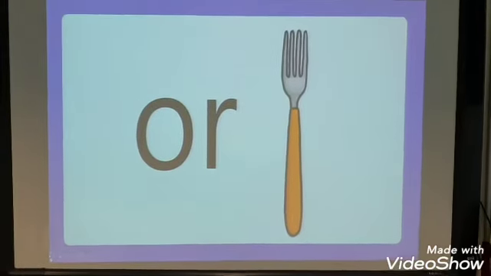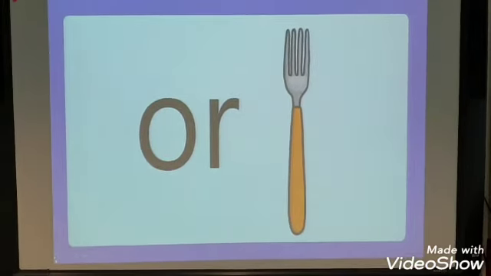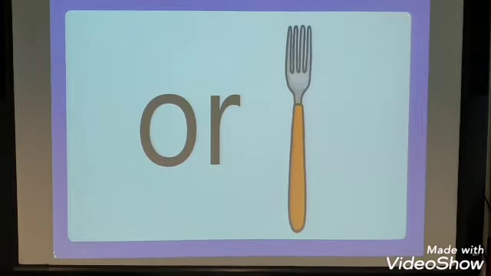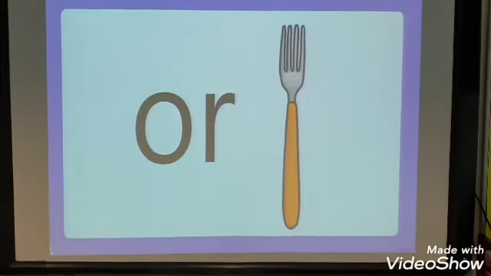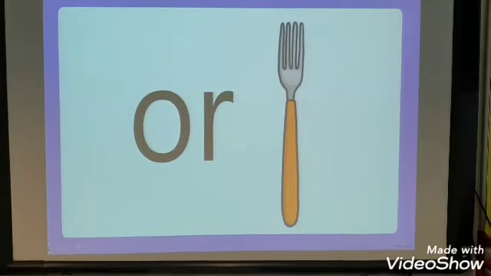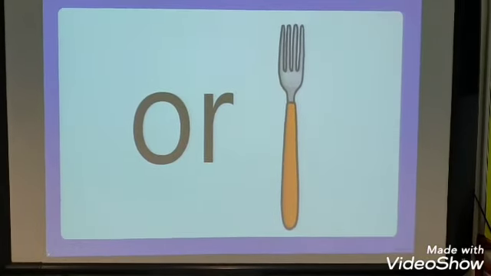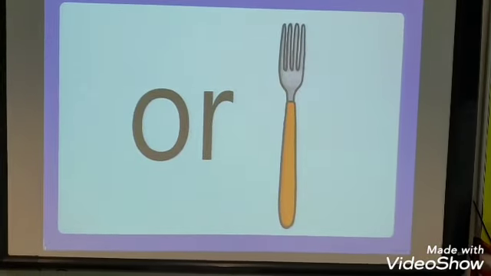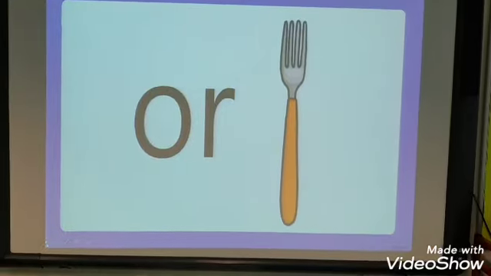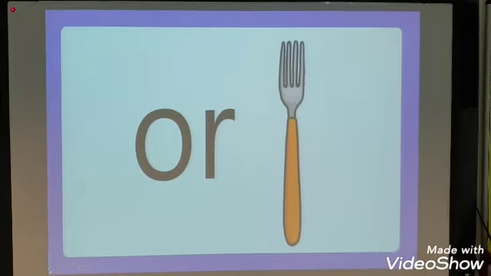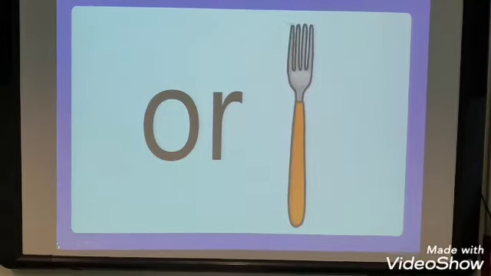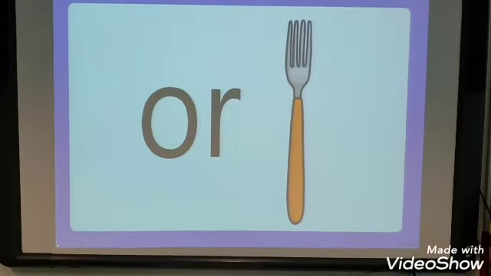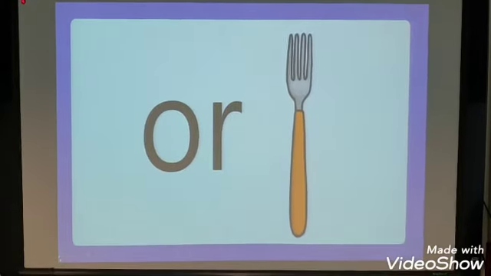The next word is storm. Storm. So sound it out, every single letter, storm. And your final word is the word torch. Torch. Think of all of the sounds that you can hear in the word torch.